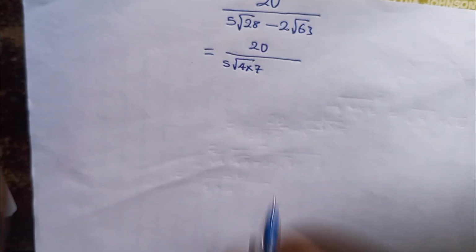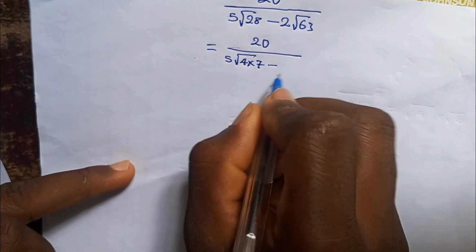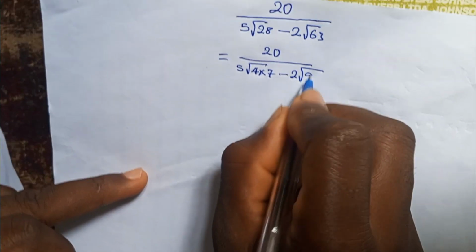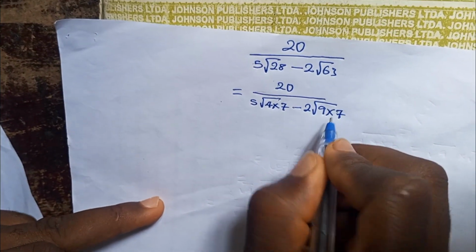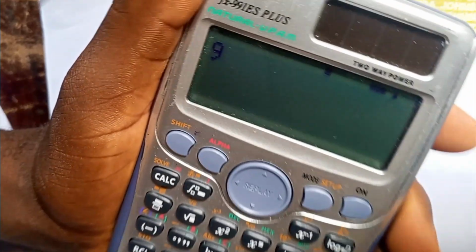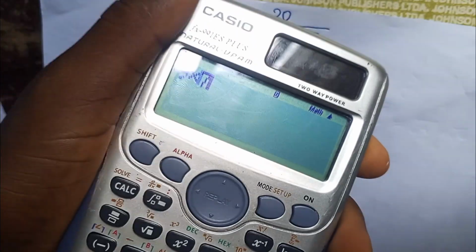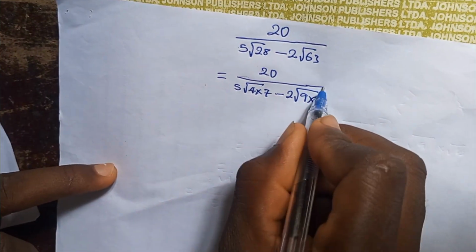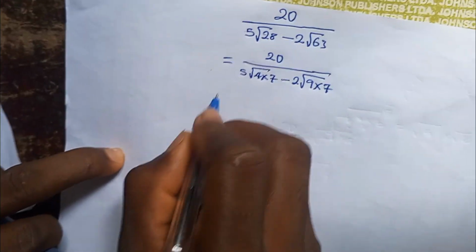So that is it, minus 2 root 9 times 7. Same way, if you punch your calculator, 9 times 7 is equals to 63. So you discover that it confirms that.